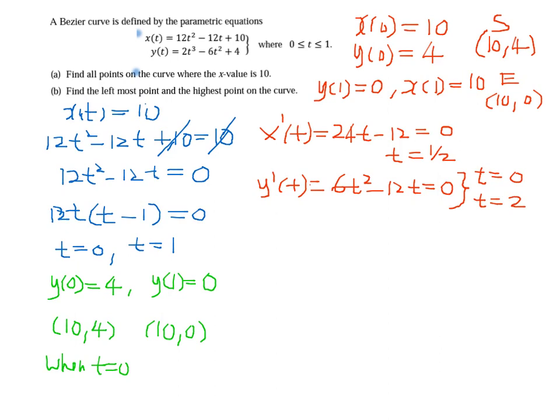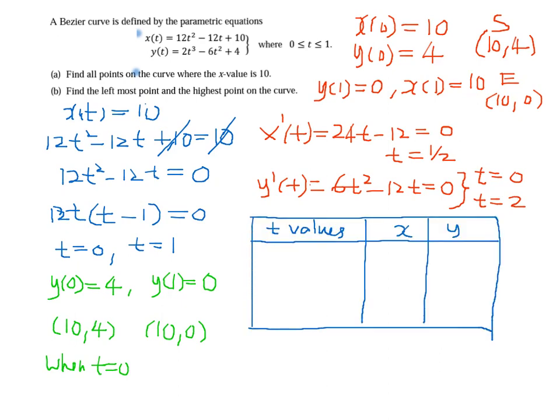The next thing you need to do, the best way I think, is to construct a table like this. What we're going to do is calculate the x, y values for all the t values that we have discovered. The first ones, of course, are the start point and the end point, 0 and 1.